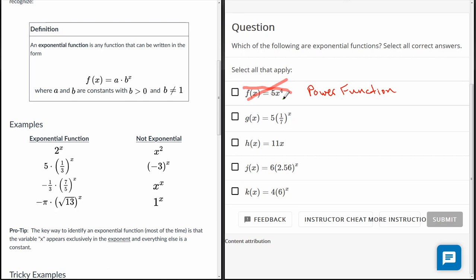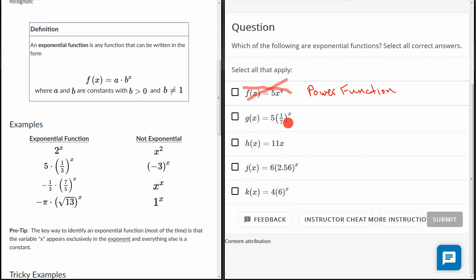The next one here, the exponent is a variable. That's good. And the base is a constant, which is fine, but more importantly, the base is a positive number, and it's not equal to 1.